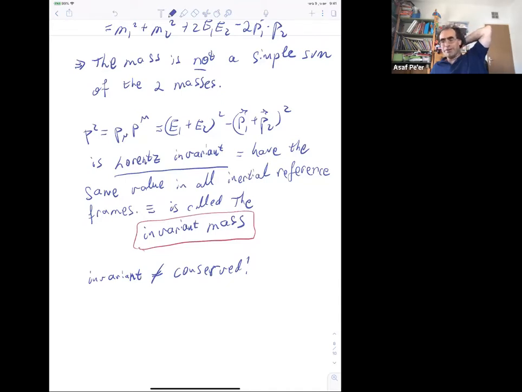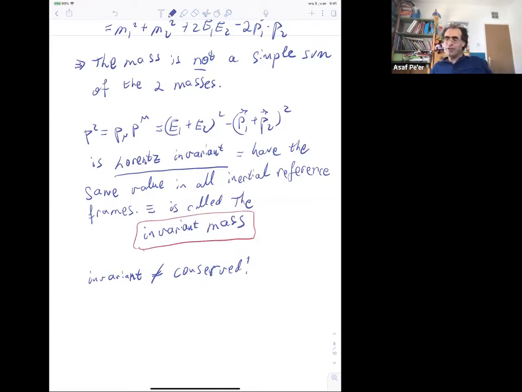Most of the particles, in fact, nearly all of them, except only very few, are actually unstable. That's why we don't see them in everyday life, right? Nearly all particles are unstable, and some of them, the lifetimes are extremely short. So you don't even see those in detectors. Sometimes you can see the traces.